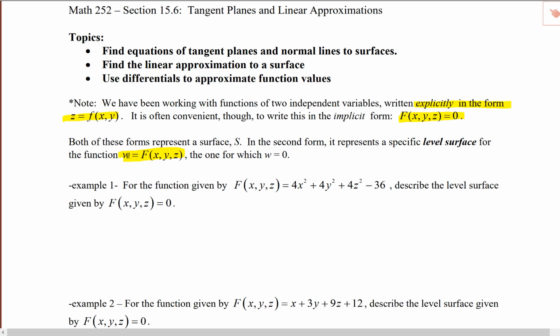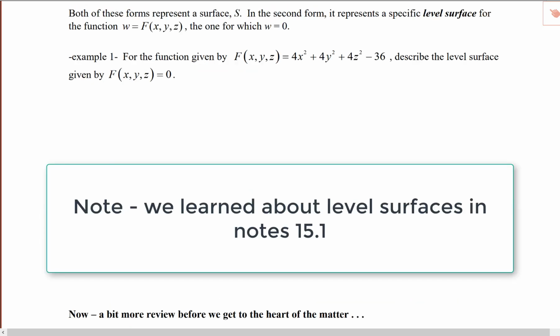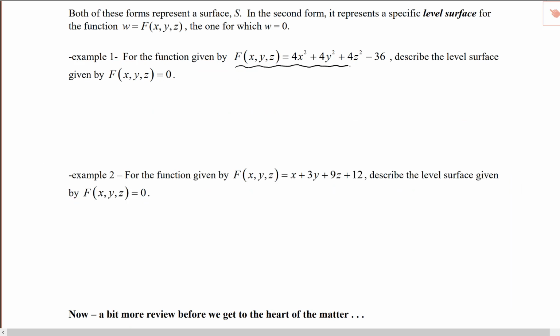So let's just quickly review what a level surface is. Example 1. For the function given by f of x, y, z equals 4x squared plus 4y squared plus 4z squared minus 36, describe the level surface given by capital F of x, y, z equals 0.